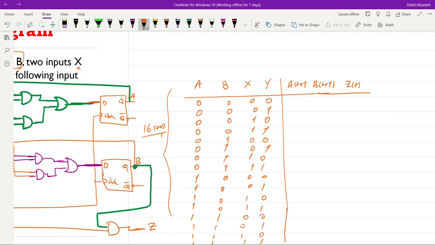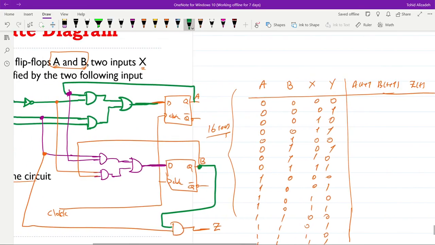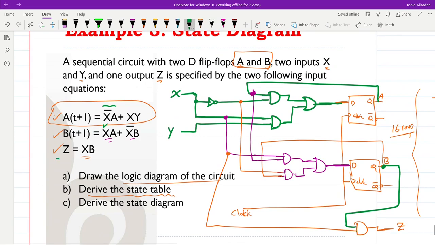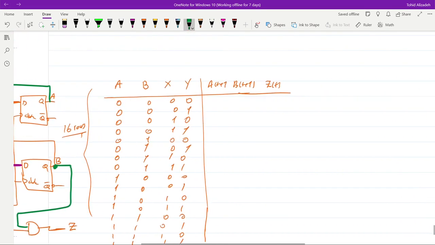Okay, so we have the input side filled. For the output side, A at t plus 1, B at t plus 1, and Z, we just need to refer to the expressions that we have here. For example, for Z, we have X and B.